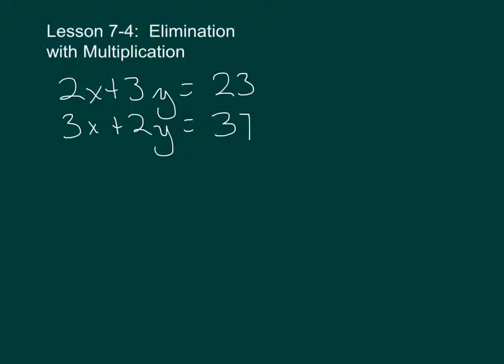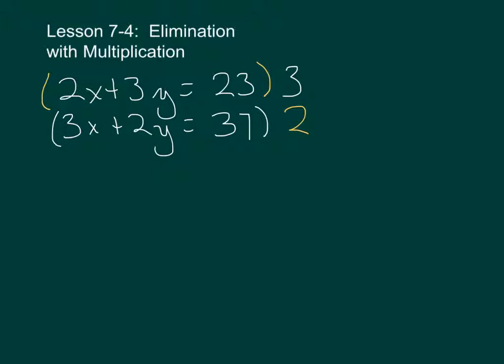So if you look at those, you could multiply each equation by the number that's in front of the variable in the other equation. So I would multiply the top equation by 3. I would also multiply the bottom equation by 2.